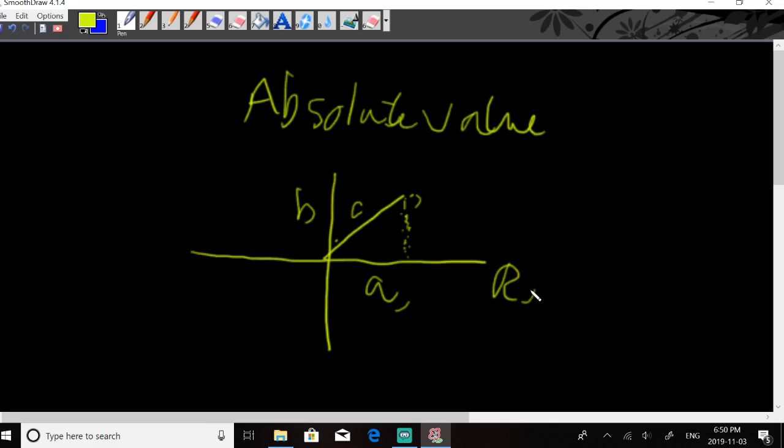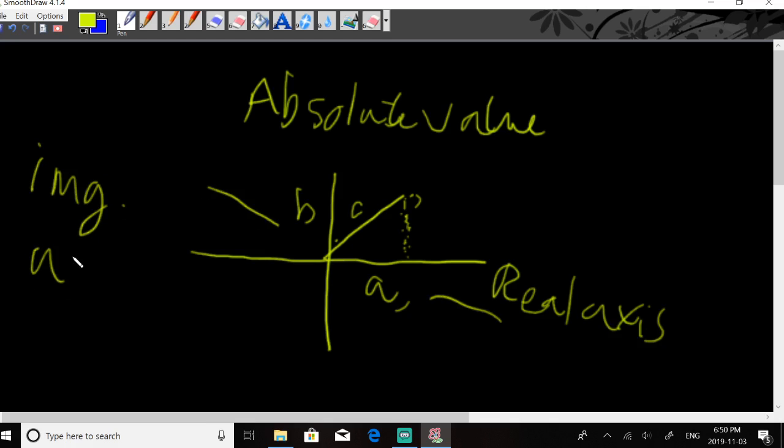A is the real axis, b is the imaginary axis. Let me read it again. The absolute value of the real number a is the distance from the origin on the real number line.